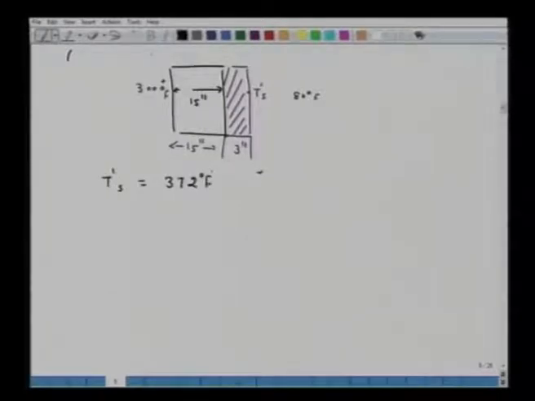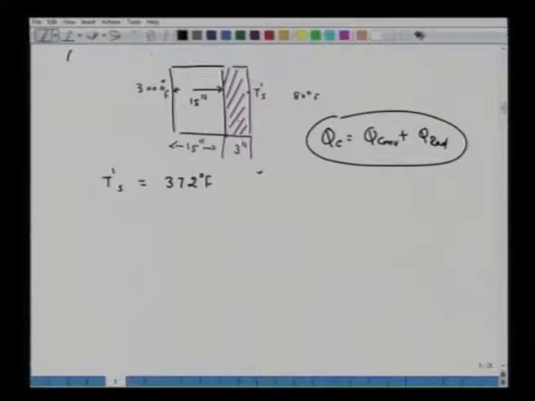You have to again equate Q conduction to Q convection plus Q radiation. The only difference is that here you have thermal resistances offered by the multiple layers. Then the heat loss will be equal to 315360 BTU per hour.